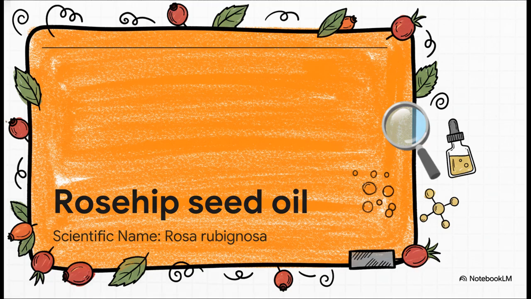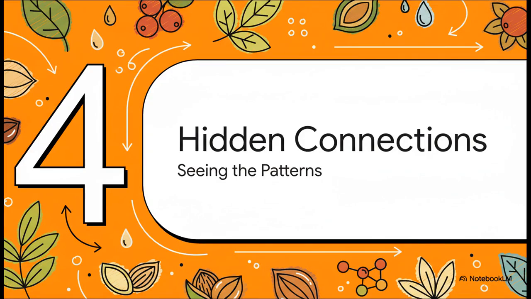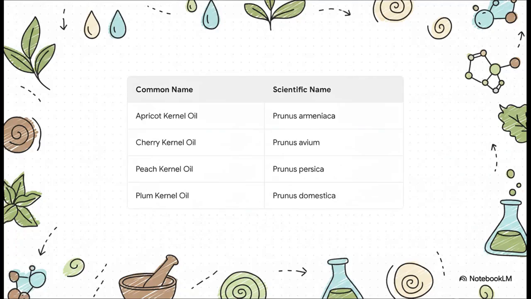But now let's see where it gets really, really cool. Okay, this is my favorite part. This is where our map starts to feel like a secret decoder ring. Once you start categorizing oils by their source and their scientific name, you start to see these amazing hidden connections. You can see whole families of oils and actually understand how they're related. Let me show you a fantastic example. So check this out.